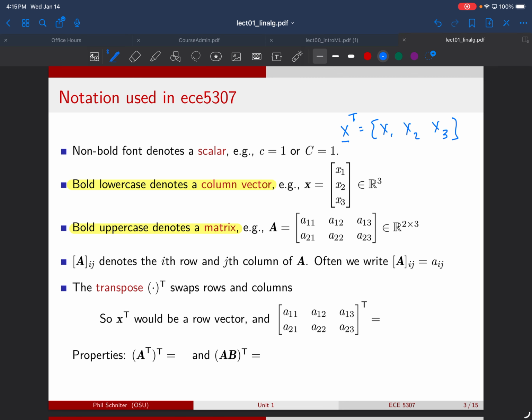Because basically, whenever you see boldface X, or when I'm writing things by hand, I'll use an underline, you know that it's a column. So whenever you see a transpose, you know that it's a row. This is super useful to just understand what's going on.